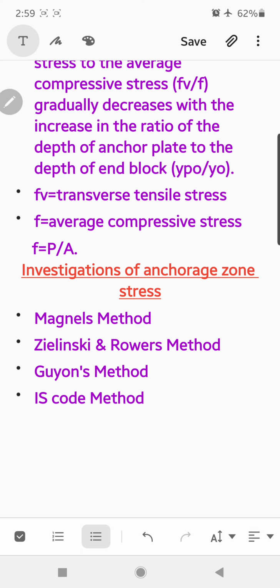These are the 4 methods. Instead of going into detail of these methods, we will solve numerical problems and estimate the anchorage zone stresses using these methods, taking the same data.